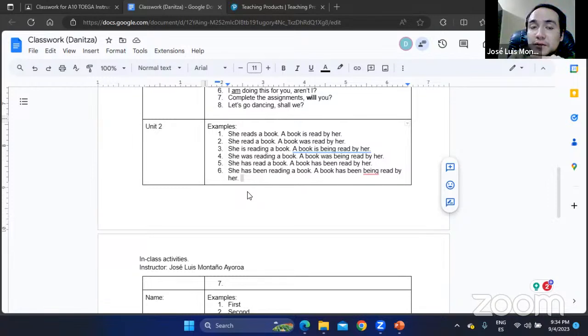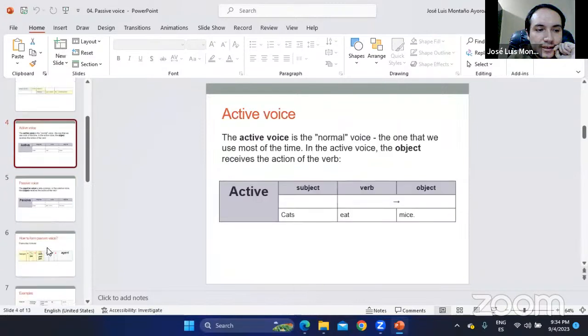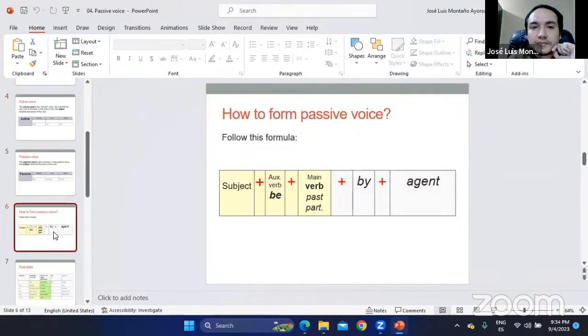It has to be clear that if you write it like this, with the correction of has, that's not going to be passive voice, right? What is the requirement? The structure in passive voice has this logic. This is the formula, and it is over here.